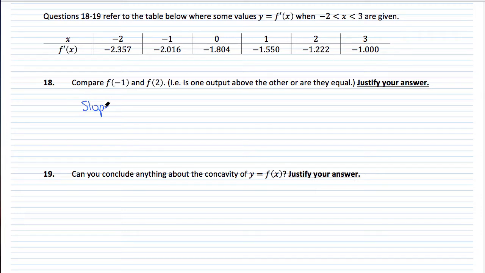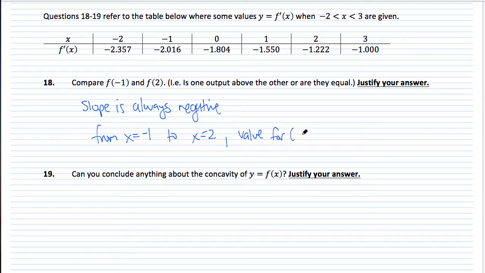So the important part for this is that the slope is always negative for this interval. So that means from x equals -1 to x equals 2, the value for f of x decreases.